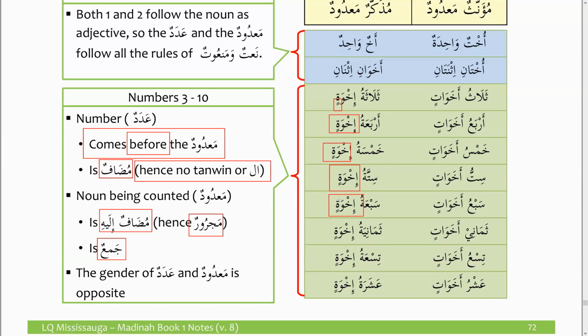Always remember, the plurals are only for 3 to 10. It is not for 11 to 99, not for 100, not for 1000. For 11 to 19, we'll use singular mansub, but that is another story.